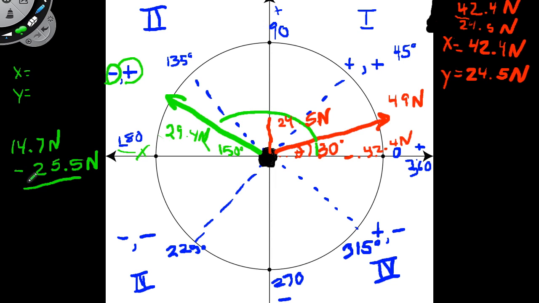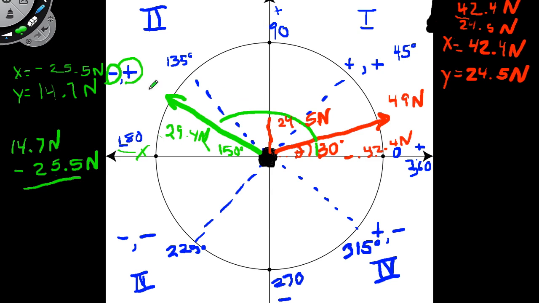So now I have two things that match up. Number one, it's a negative number I got, and number two, it is also the larger number. So that means that this right here is going to definitely be our y, or 14.7.